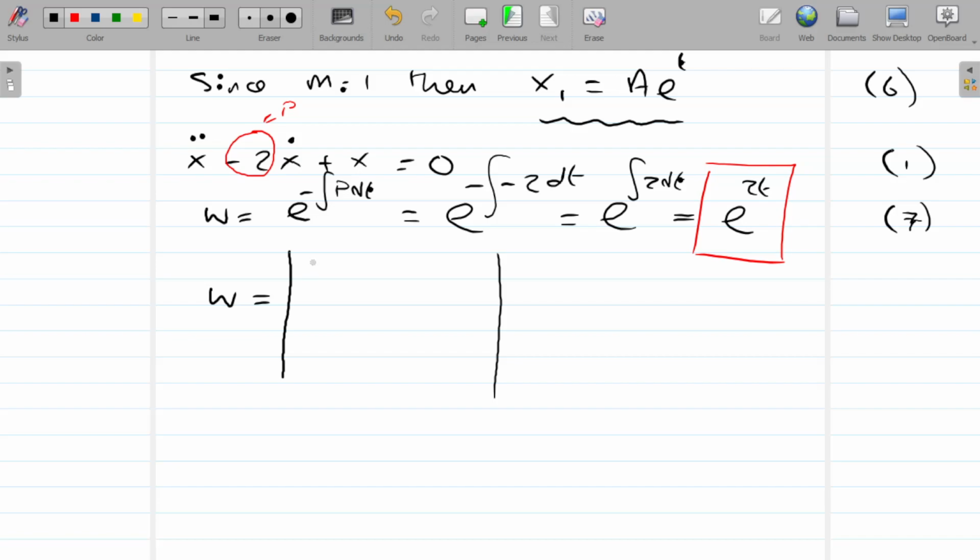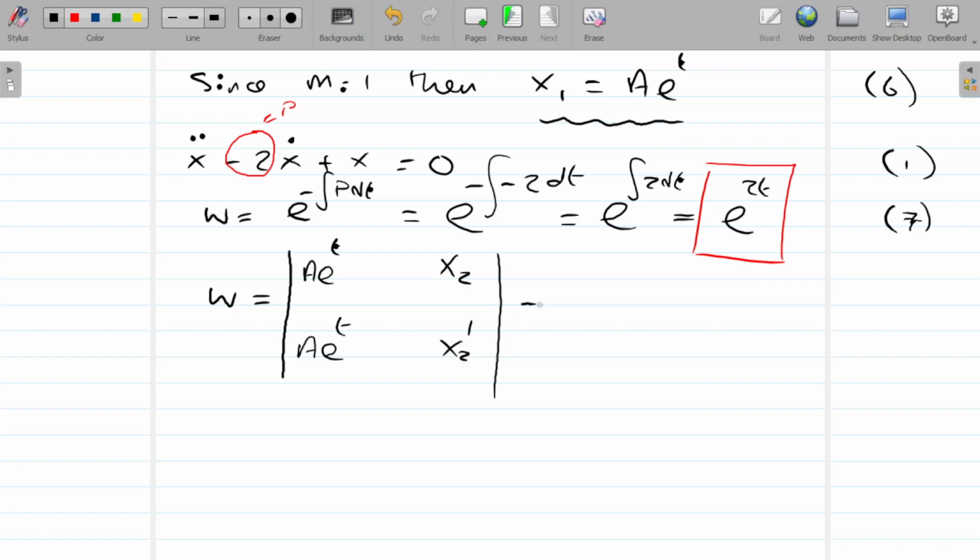We know that one of our first solutions is a e to the t, but we don't know the other solution, so we'll call that x2. So this is our first solution, a e to the t, and x2 is a solution that we don't yet know. Then we differentiate a e to the t, and we get a e to the t. If we differentiate x sub 2, we get x2 prime.